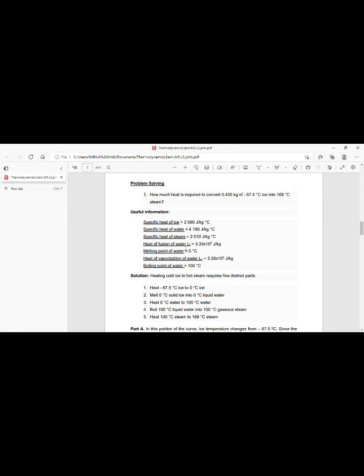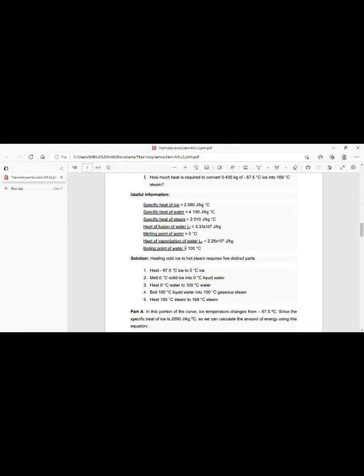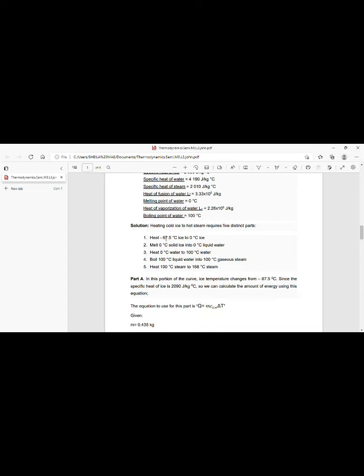This solution: heating cold ice to hot steam requires 5 distinct parts. Number 1, heat negative 67.5 degrees Celsius ice to 0 degrees Celsius ice.